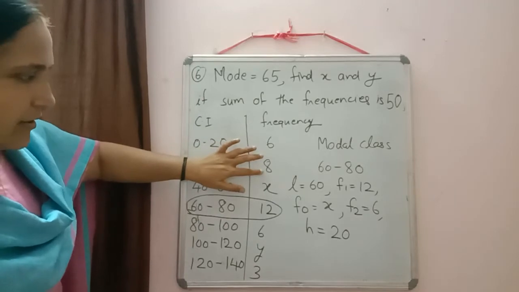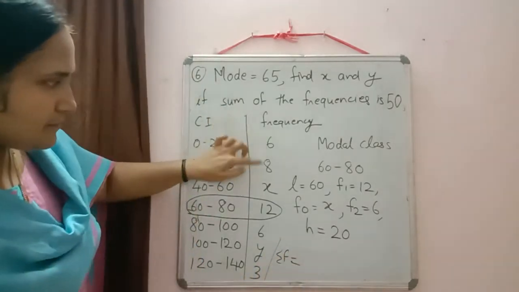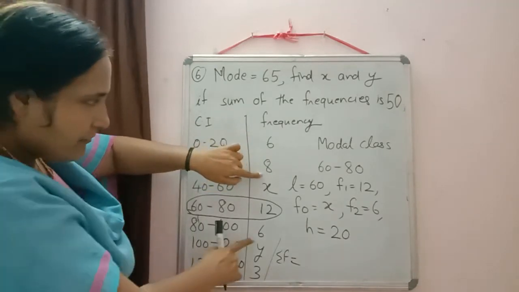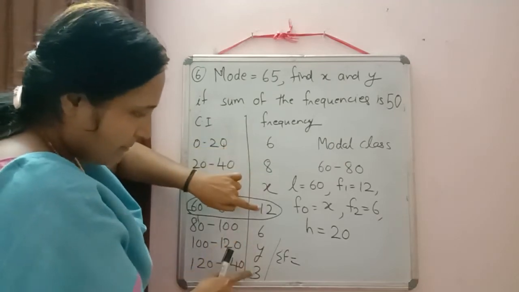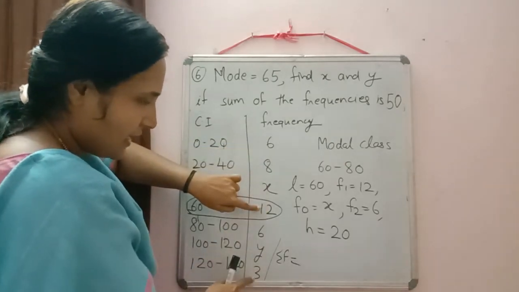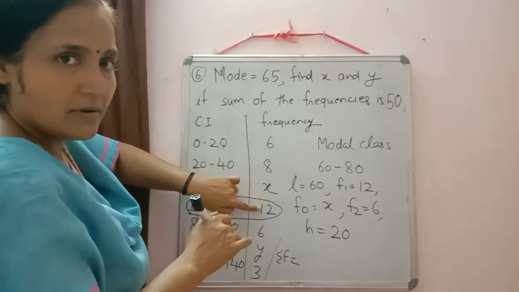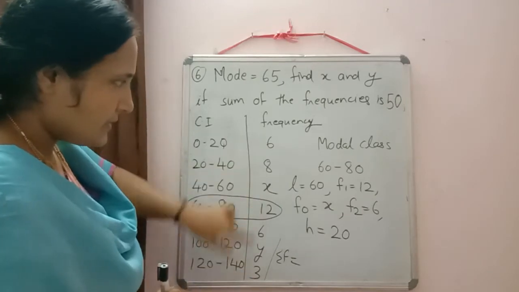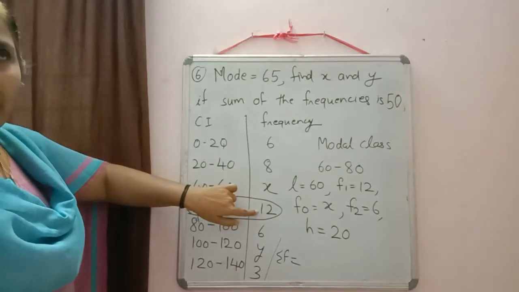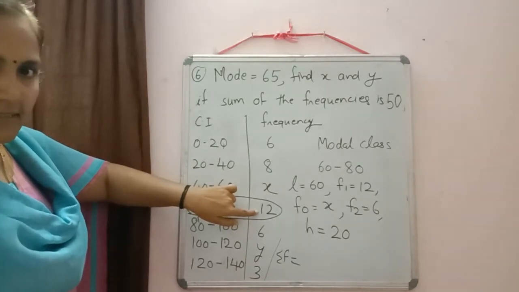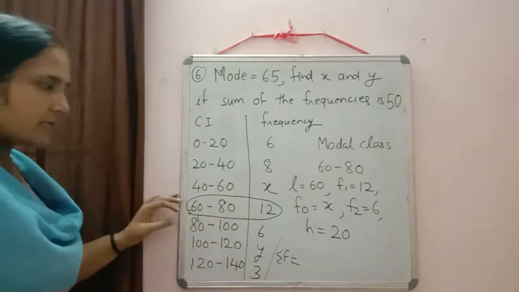Sum, sigma f. 6 plus 8, 14. 14 plus 12, that will be equal to 26. 26 plus 6, 32. 32 plus 3 will be equal to 35.